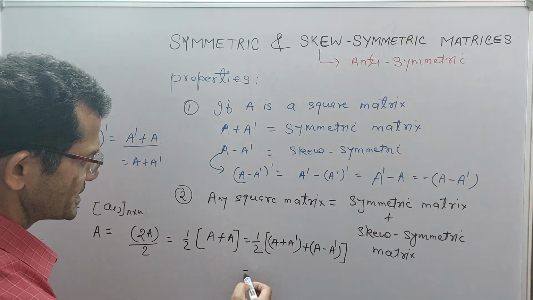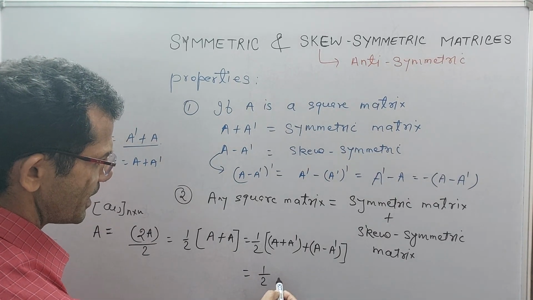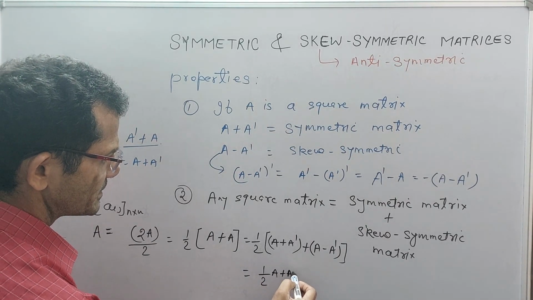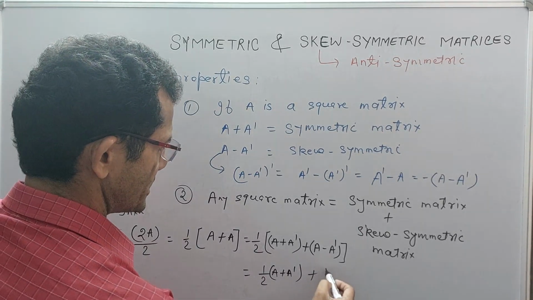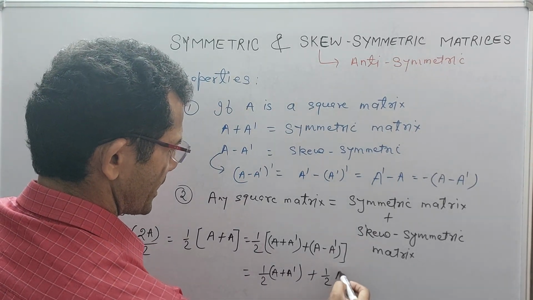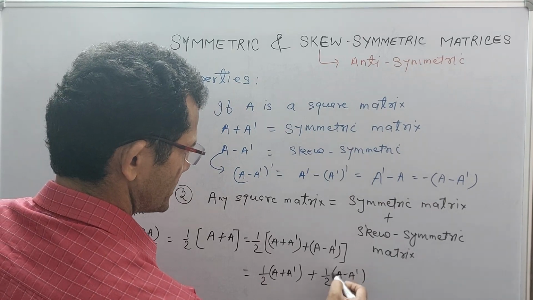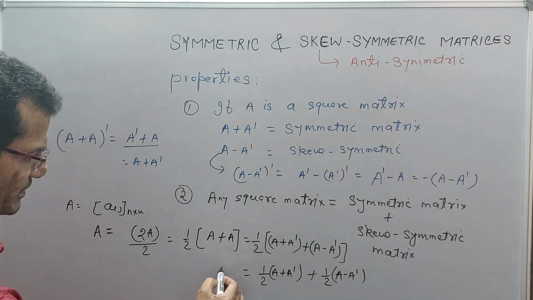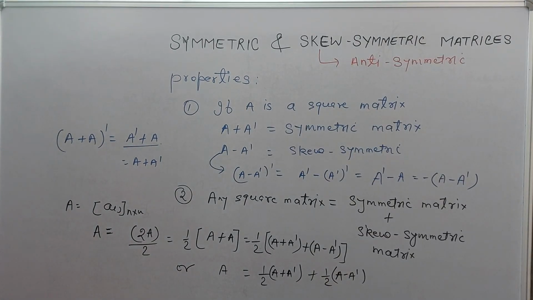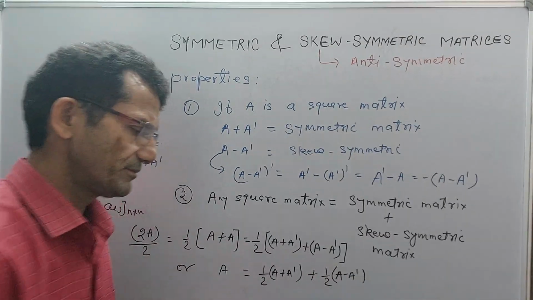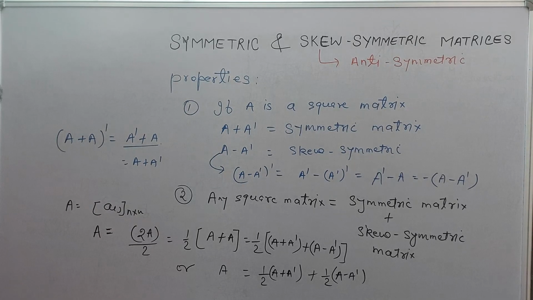If I split this one, half A plus A dash is our symmetric matrix, and the next one, half A minus A dash, will be our skew symmetric matrix. In this way I have written this, so this will be symmetric and this will be skew symmetric.